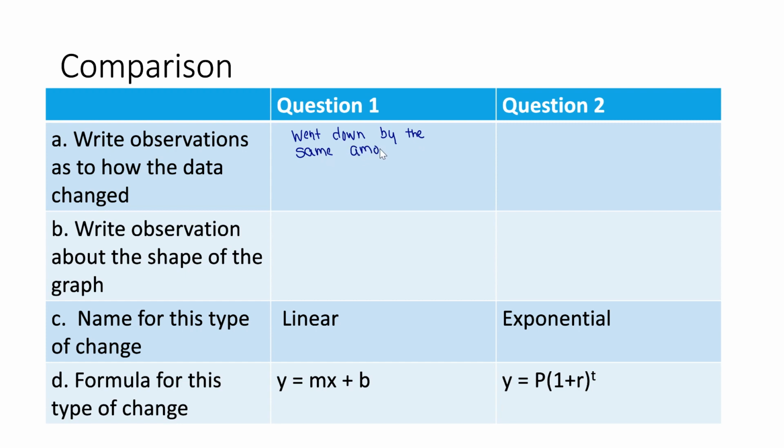Every single time I subtracted the exact same amount, and that gave me the new value. And so mathematically, we describe this as having a constant rate.